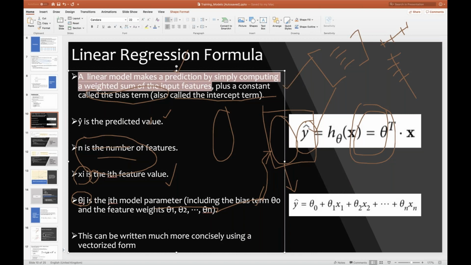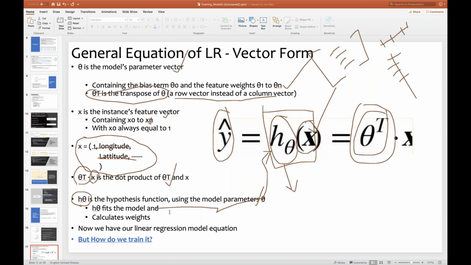When I say weighted sum of the input features, if you see here, h theta is calculating the weights. Now this h theta fits the model, and it will also calculate the weights. When I say weight, what is the weight of the latitude, what is the weight of the longitude, like that.